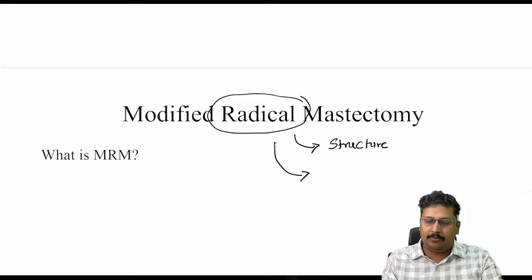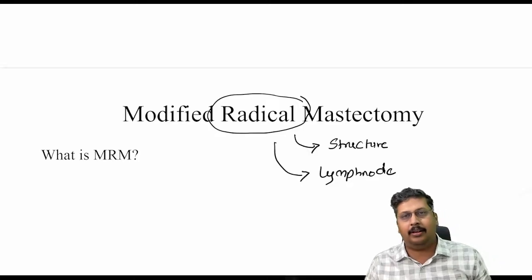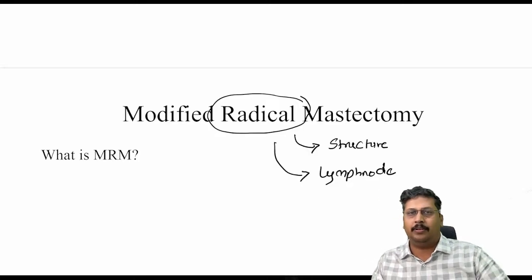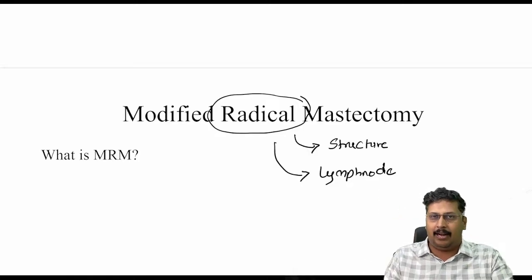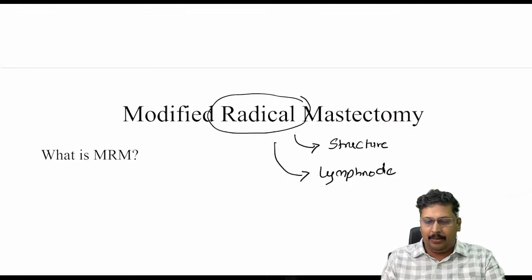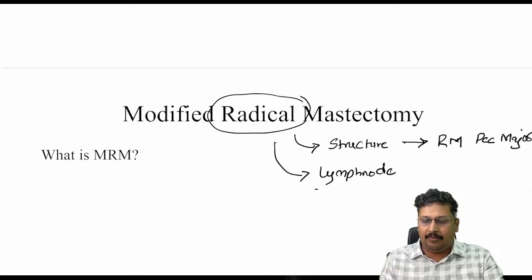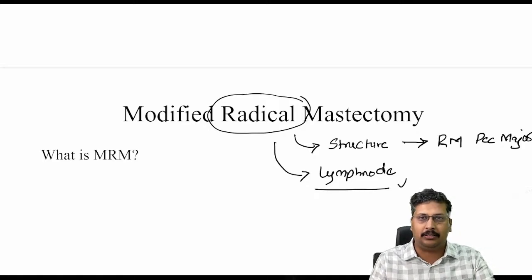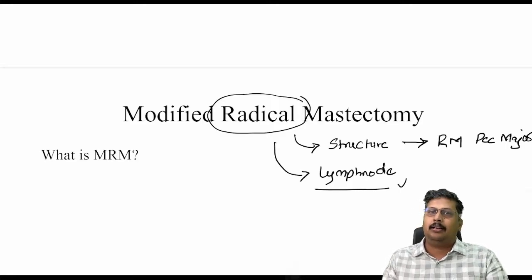Or sometimes you will do additional lymph node dissection. So whenever you have an additional structure to remove, we call it radical surgery. For example, in radical mastectomy, we are removing pectoralis major. Or sometimes whenever lymph node dissection is added to the surgery, we call it radical.